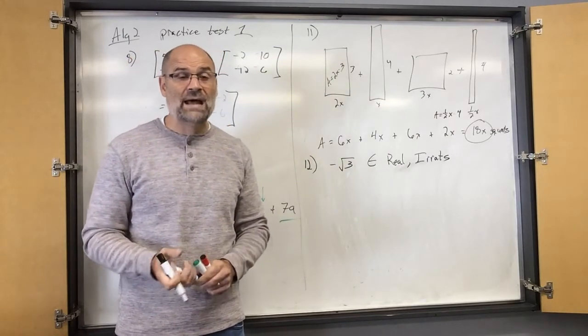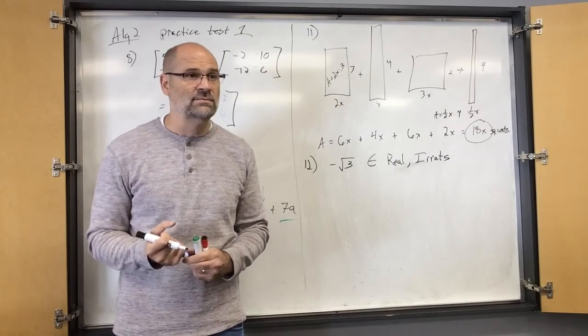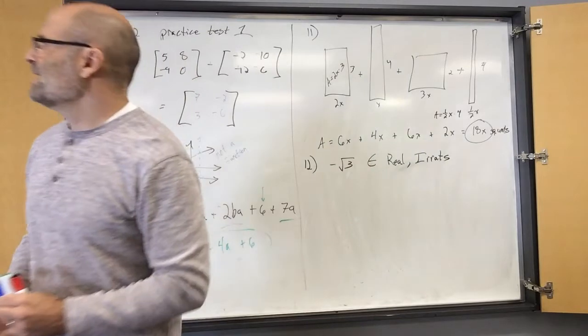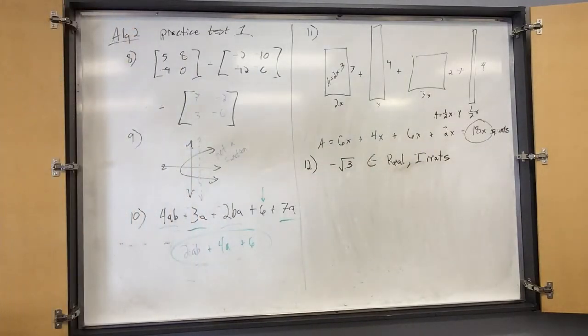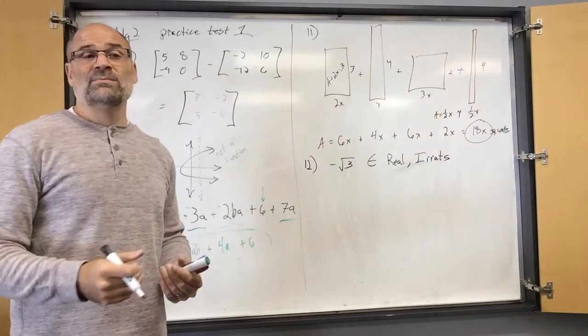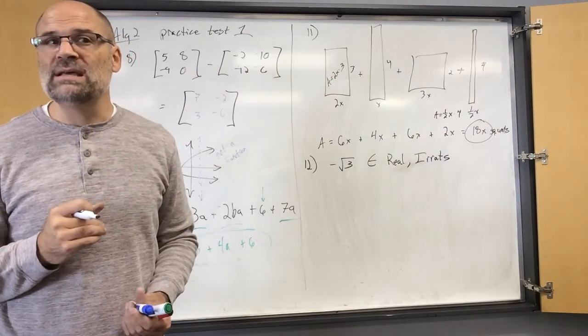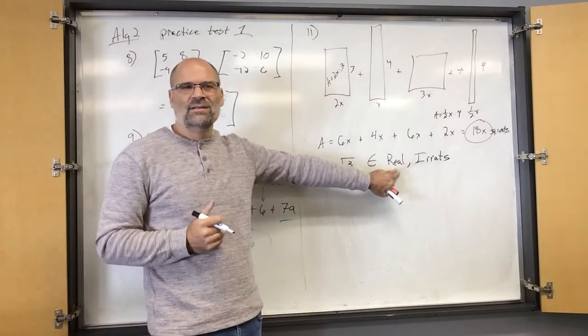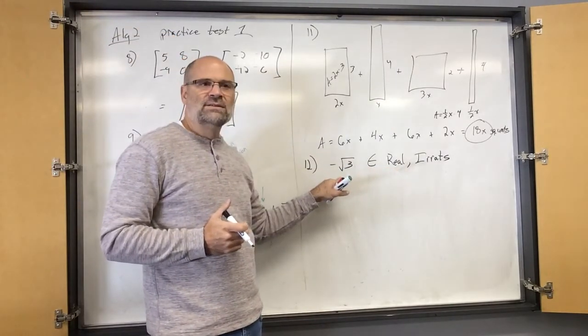So if you see a radical or pi, then it's irrational. And the only other set is real. Now technically you don't have to say real because it's saying subsets of real numbers. Real numbers are an improper subset of real numbers. So if you put it, I'm not going to mark it wrong, but you don't need it. Okay? So this is an irrational number.